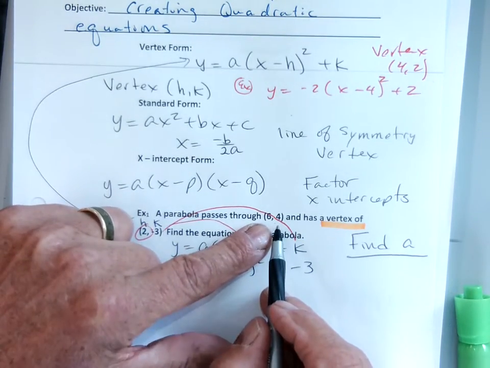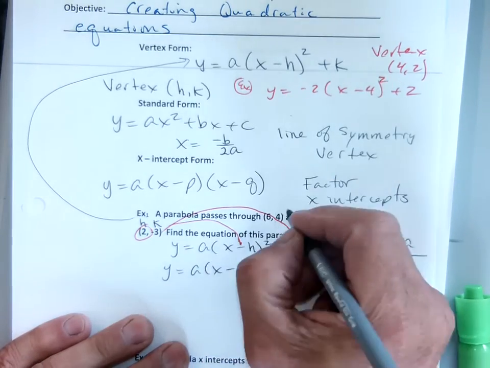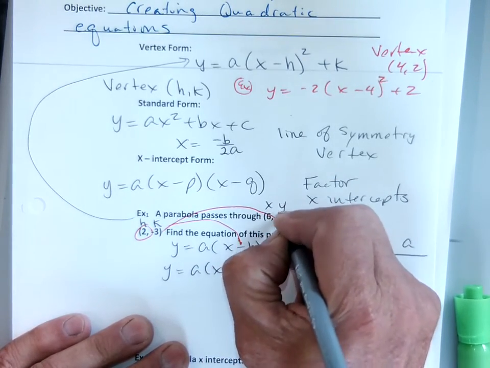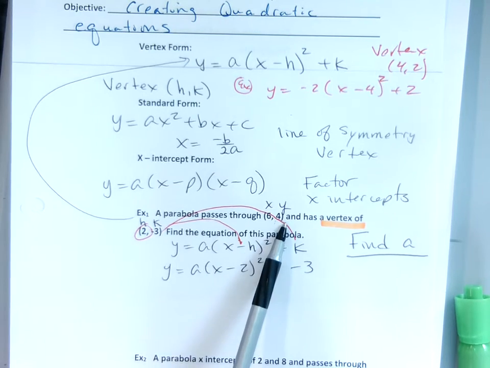It's just a regular point, right? It doesn't say anything special, but it is a point. And every point has some x and y value. Every point's (x, y), right? So in this case, I'm going to put my 6 in for my x value, and I'll put my 4 in for my y value.